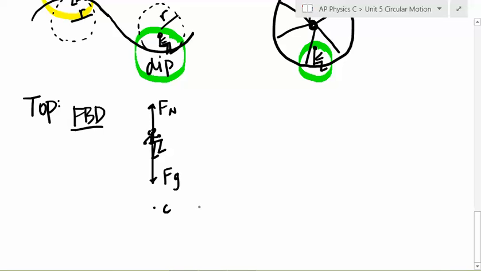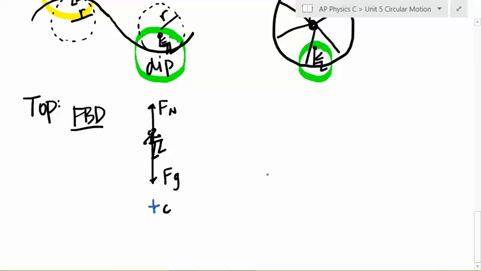So either you're sitting at the top of the hill or you're at the top of the Ferris wheel, but the center is below you. And now this is really important, you have to pick a coordinate system. And it is to your best advantage if you let towards the center be the positive direction and away from the center be the negative direction.